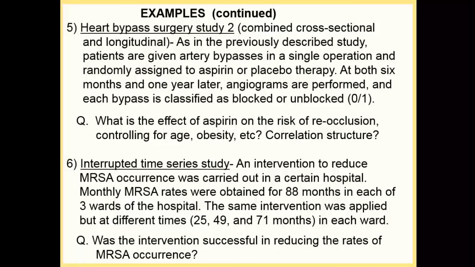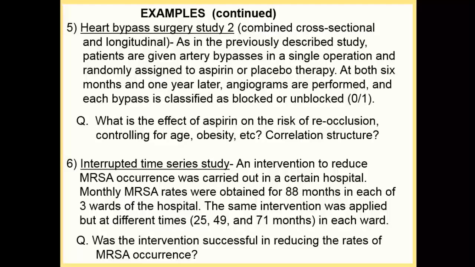What's happening? What happened that's changed? Well, there's two different times when you're looking at whether these bypasses, whether these arteries were blocked or unblocked. You're looking at them at 6 months and then at 1 year, right? So what's the correlation structure? Well, when you start thinking about what's the cluster on a given person?